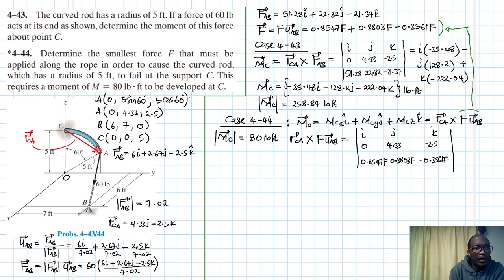Okay, and therefore we'll say this is equal to RCA cross F times UAB is going to be equal to, we do the multiplication, we bring it a little bit down there. So this is going to be equal to I.